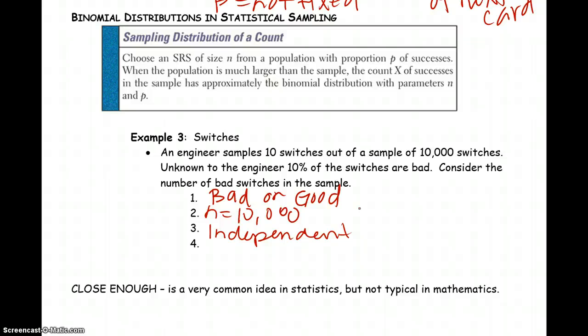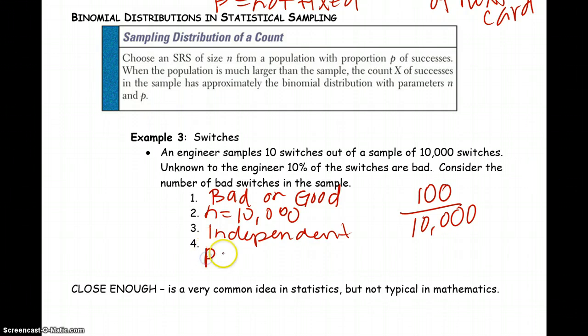So if 10% of the switches are bad, that means that 100 out of the 10,000 are bad. And every time I pull one, so let's say I pulled one of the switches out, well then only 99 out of the 9,999 left are still bad. Or let's say I didn't get a bad switch, then 100 out of the 9,999 are still bad.